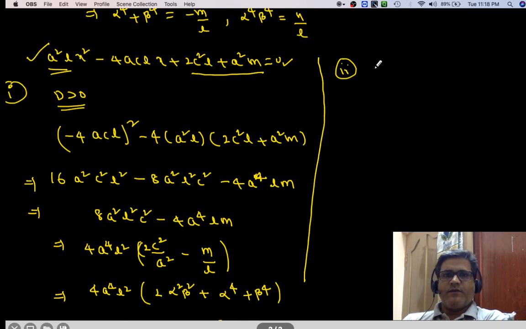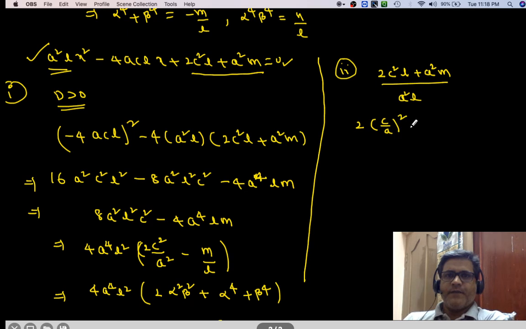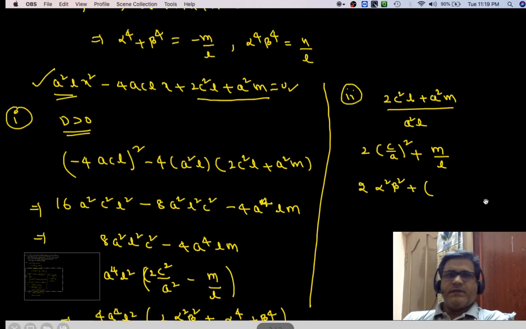That is, the product of the roots of this third quadratic, 2c square L plus a square m over a square L. So this is 2, here L, L cancel, this is c square by a square, that is c by a whole square, plus here a square cancels, here m by L. Now this is 2, c by a is alpha beta, that is c square by a square is alpha square beta square, plus here m by L. What is m by L here?